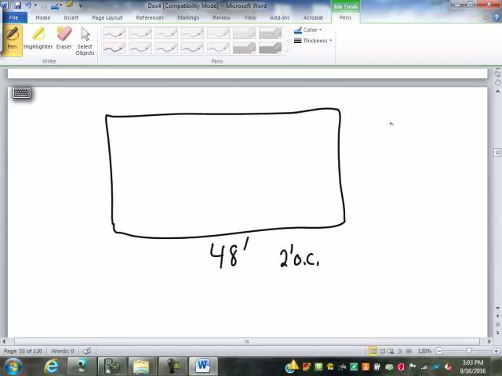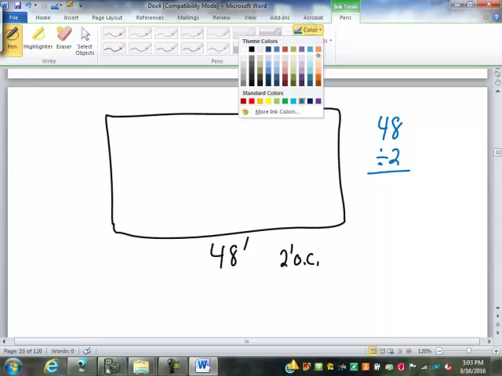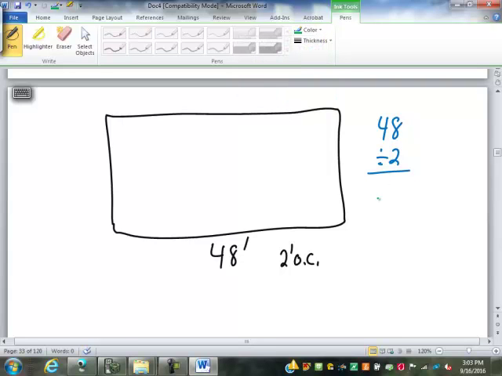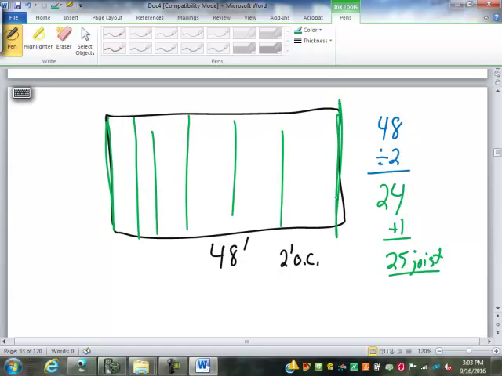Well, tell me what to do. 48 divided by 2, which gives me 24. Is that my answer? No, what do I have to do? Add 1. It's going to take 25. So 25 floor joists or floor trusses. That's assuming there's one at the beginning and one at the end.